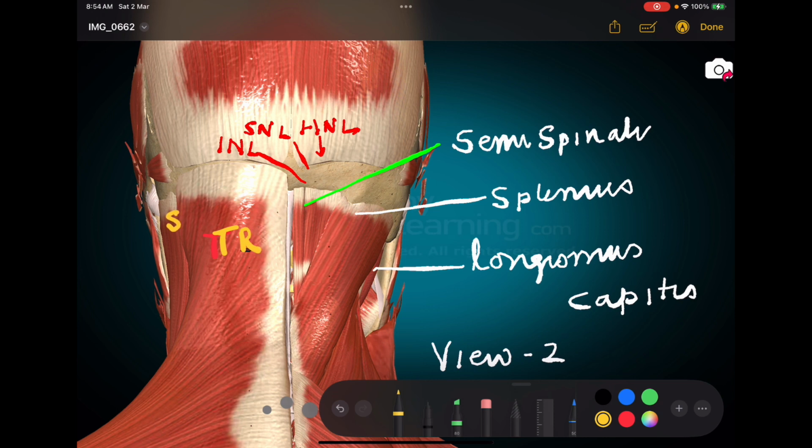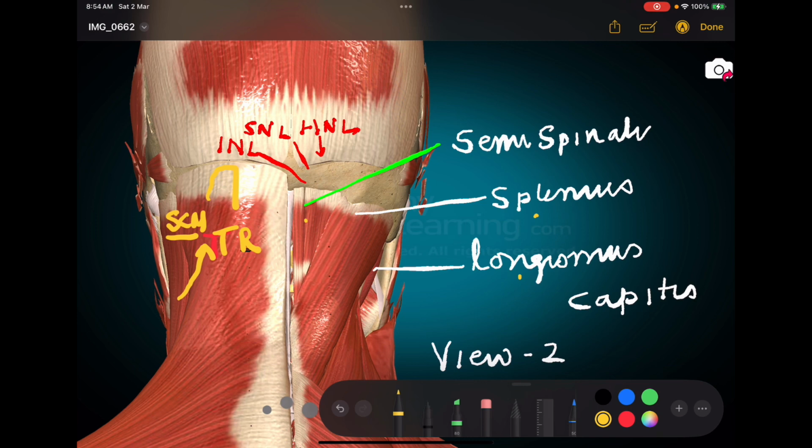Here is the sternocleidomastoid, the first layer over. You see that this is the superior nuchal line, and this is the apex of the posterior triangle. Then you have removed the trapezius, and you see the semispinalis, the splenius, and the longissimus capitis. Then you will remove this also.